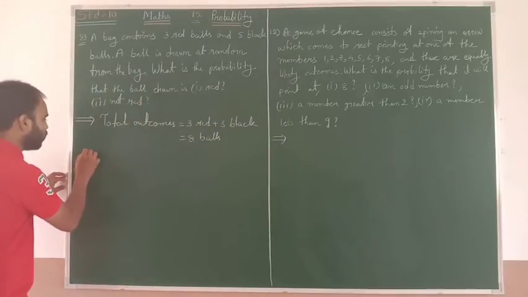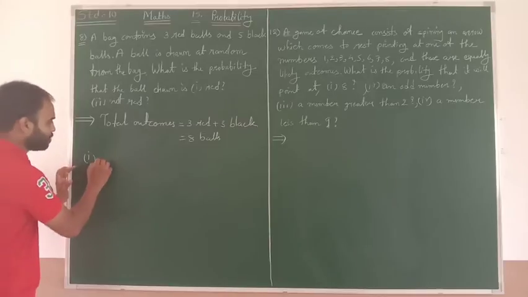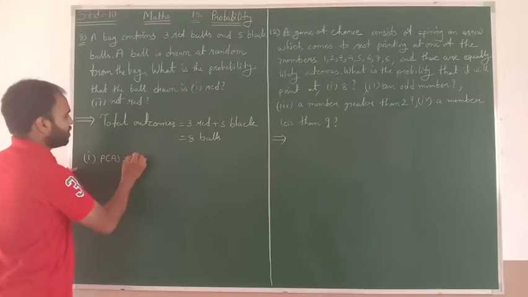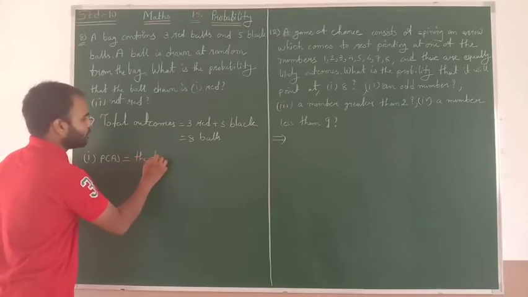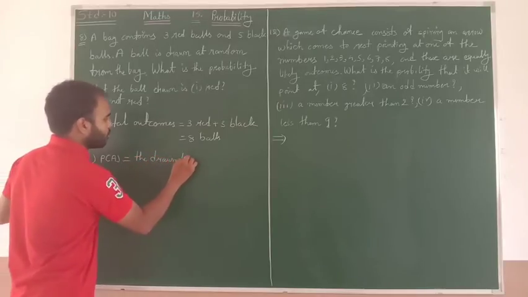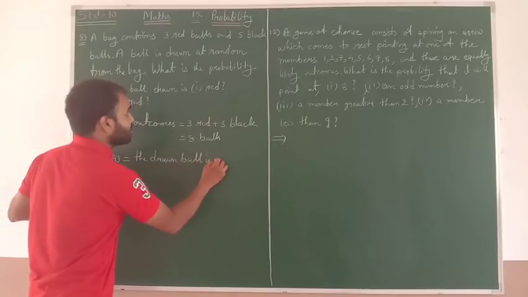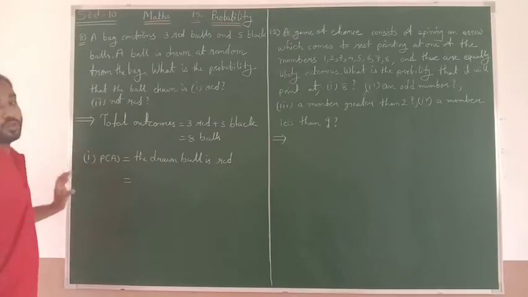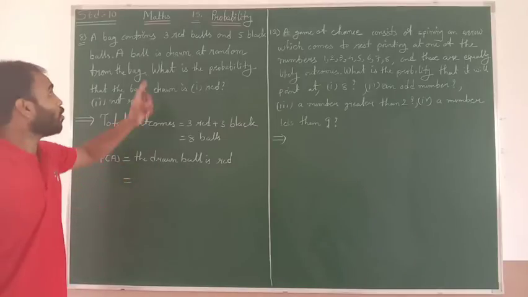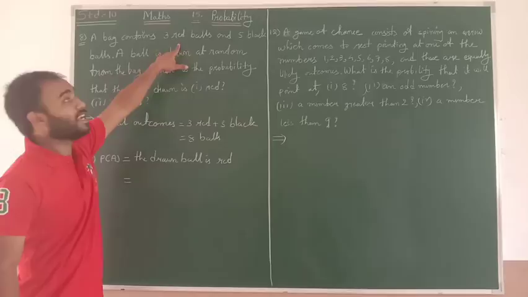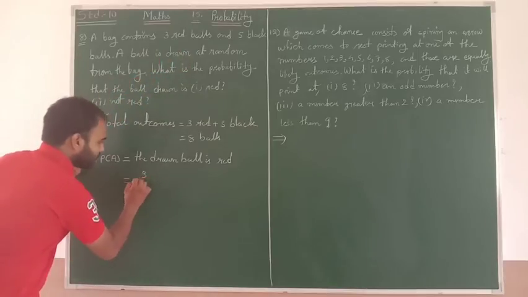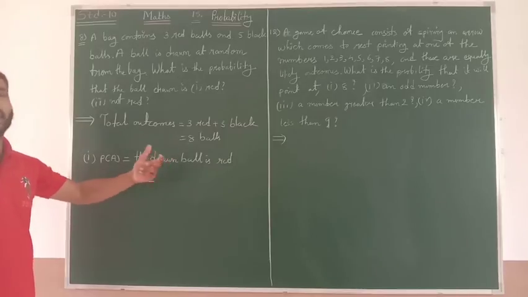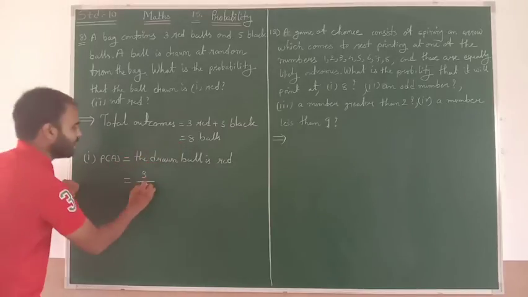Now we will find the answer for the first, that is P of A, that the drawn ball is red. The favorable outcomes: how many red balls are present in the bag? There are 3. As per the formula, in the denominator we write the total number of balls, that is 8.